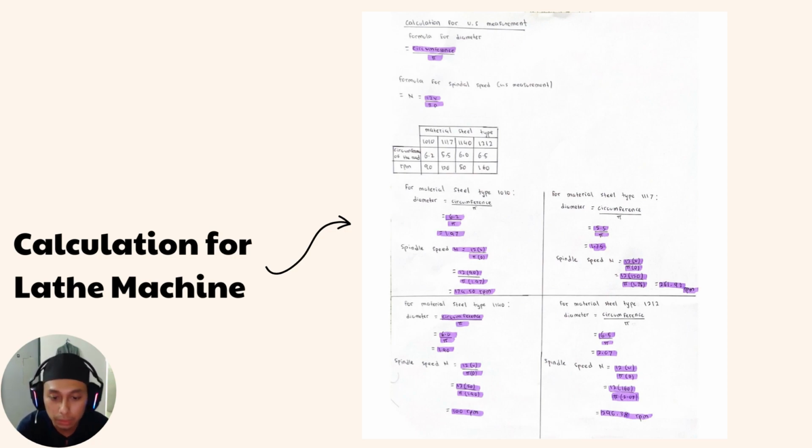For material steel type 1212, 6.5 over pi equals 2.07, and the spindle speed 12 times 160 over pi times 2.07 equals 295.38 rpm.